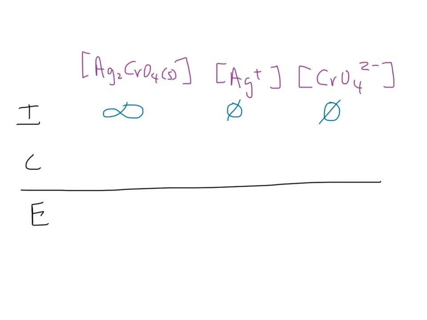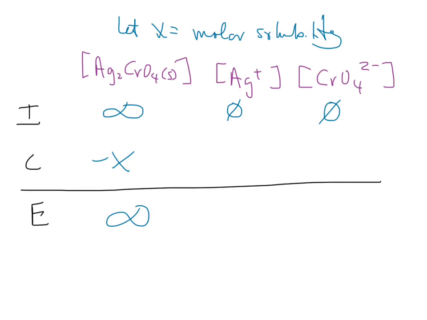The initial concentration of your chromate is zero. I'm going to go ahead and say let x equal the molar solubility. It doesn't hurt to clearly say that. So if that's the case, then at equilibrium we'll have minus x for the solid.